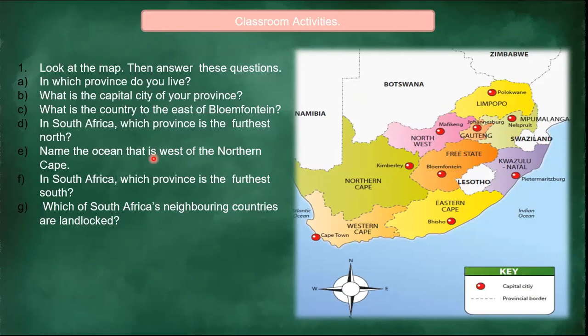It is Western Cape, ma'am. Further north. Limpopo? No, Limpopo is in the east. Northern Cape. Northwest. Yes, that's correct. Thank you.